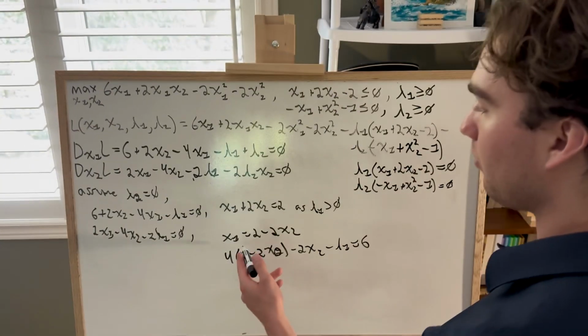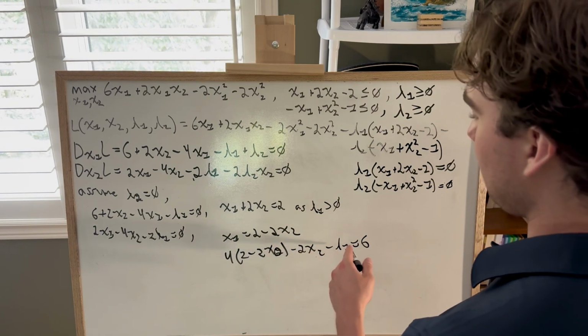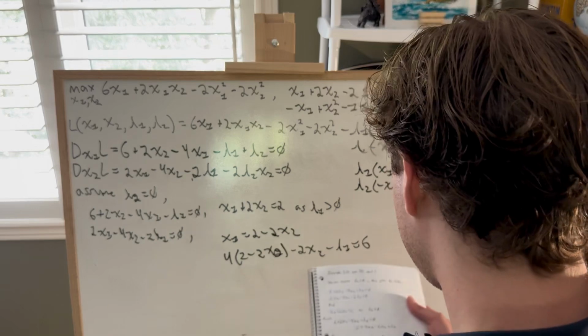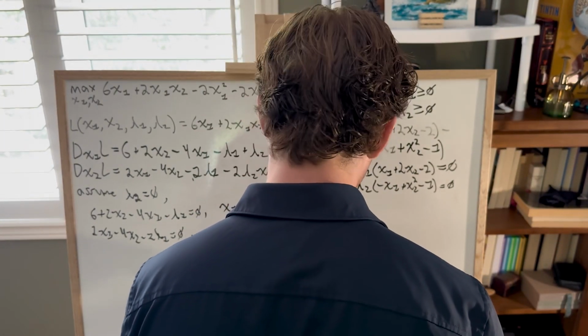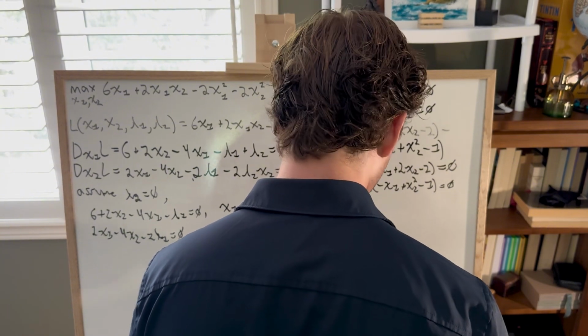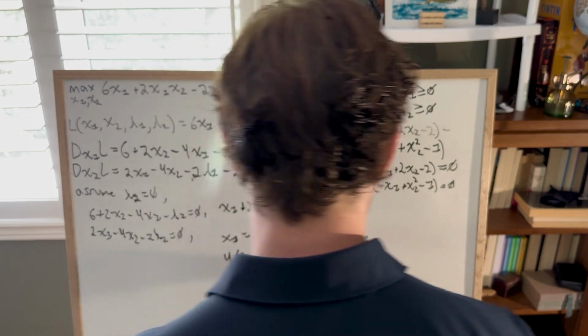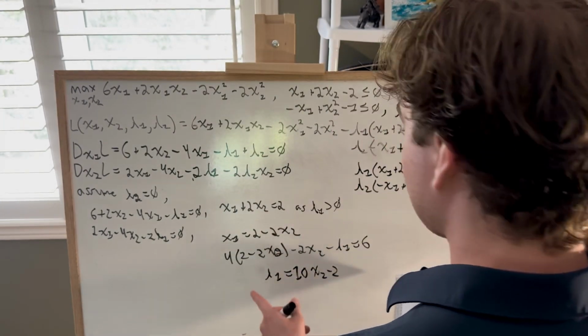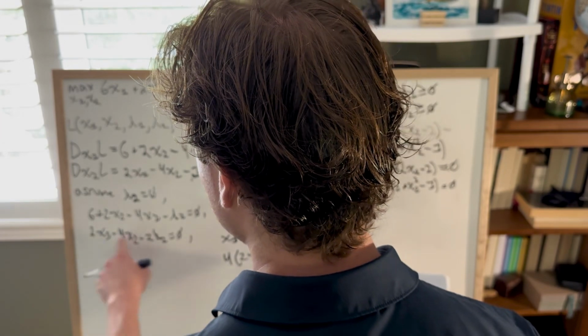We got 4 bracket 2 less 2x2 bracket less 2x2 less Lagrangian 1 equals 6. And so we solve for our first Lagrangian, and we know it equals 10x2 less 2. Then we put this exact same thing into this problem.